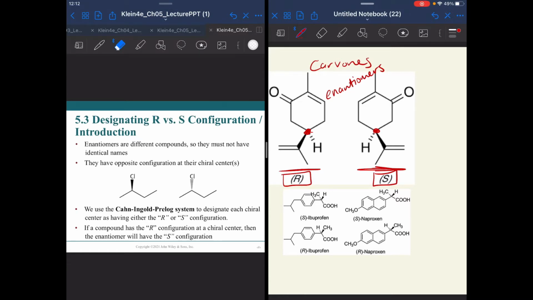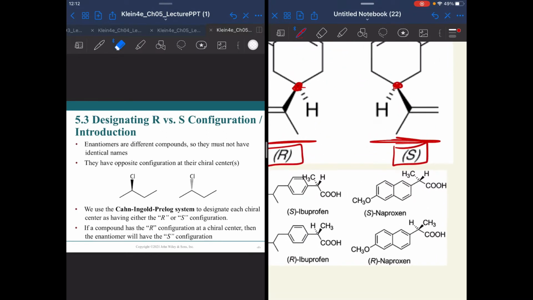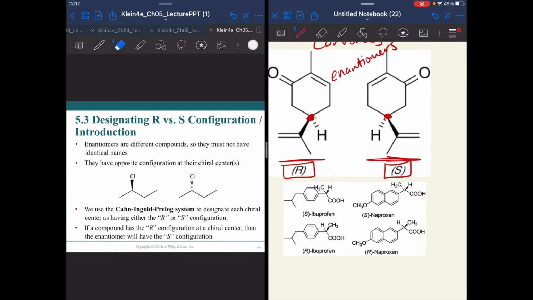It does interact with receptors in your body differently, but those different enantiomers can have bigger effects. So when we look at something like our analgesics, like ibuprofen and naproxen, they exist as enantiomers. With ibuprofen, oftentimes you will get a mixture of the two because one has analgesic properties and the other one doesn't really do anything.